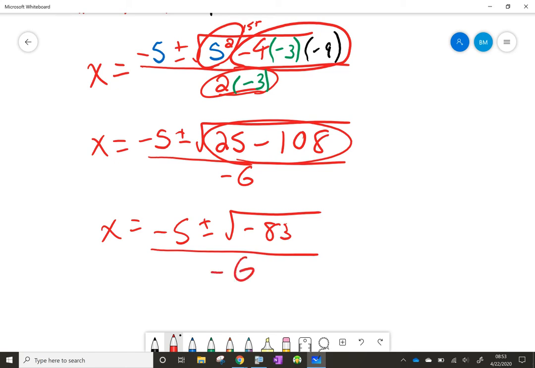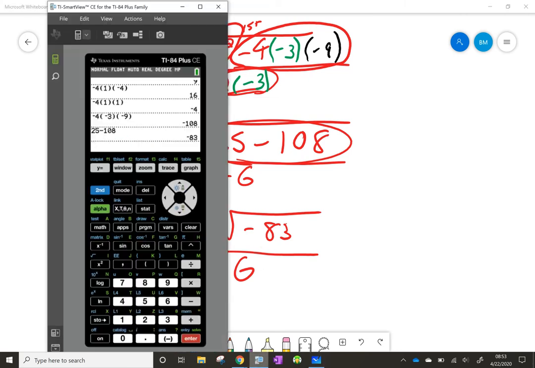So we just simplified the 25 minus 108. Now we have to do the square root of negative 83. All right, so let's go to our calculator, type in square root of negative 83, and we get, oh no, something went wrong, right? We have an error, non-real answers.